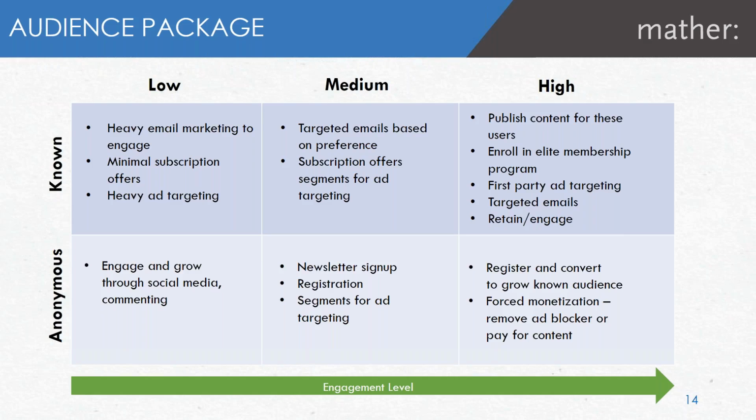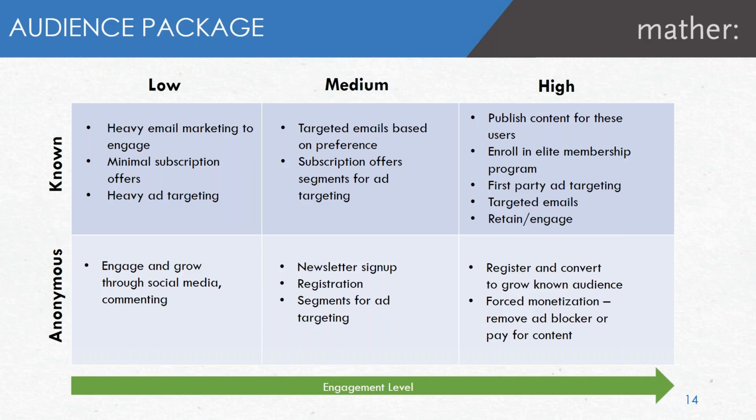So at a high level, it's essentially being much more intelligent and precise about how you acquire and engage your users. As a really short example, if you see someone who's an anonymous visitor and their engagement level is medium, we feel that a way to approach that audience is not necessarily to give them a paid offer right away and try to convert them to a paid subscriber. We see a lot of people just essentially reject that and leave the site.